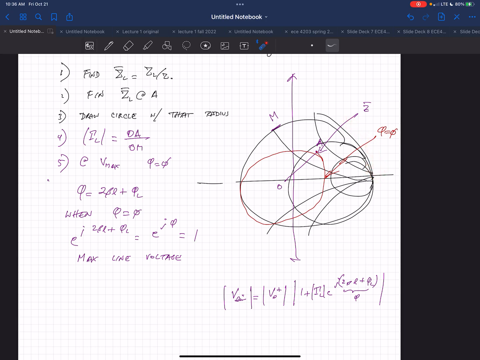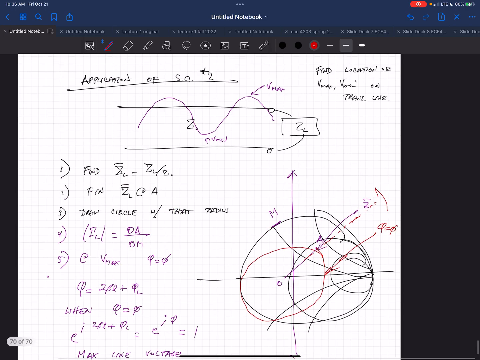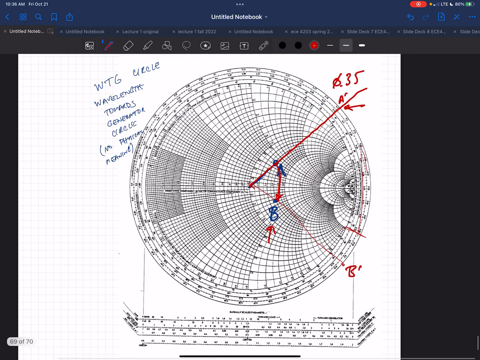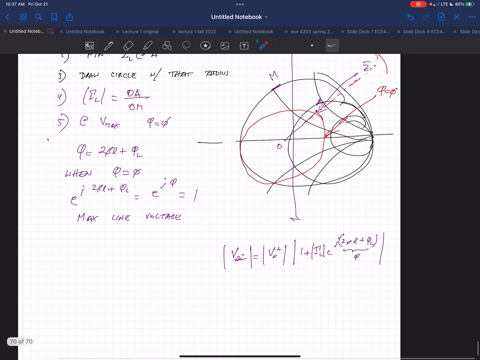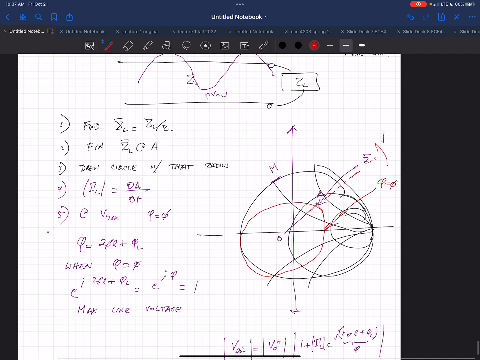Okay, let's say for the sake of discussion, when you drew this line to the wavelength toward generator scale, this is an example, at this point it was 0.25 lambda.